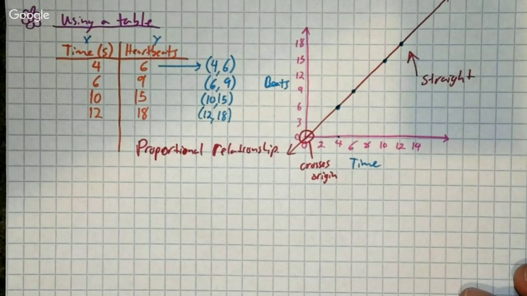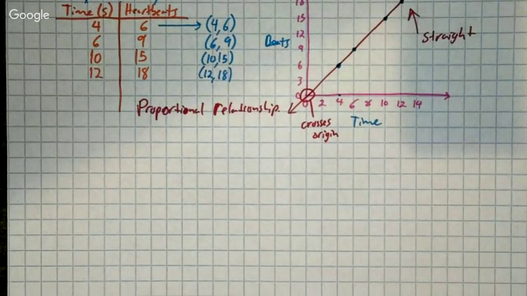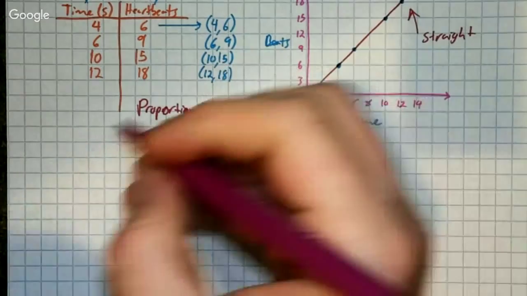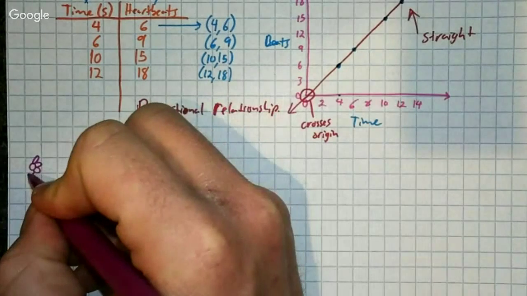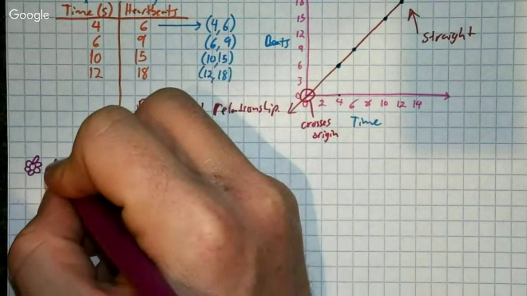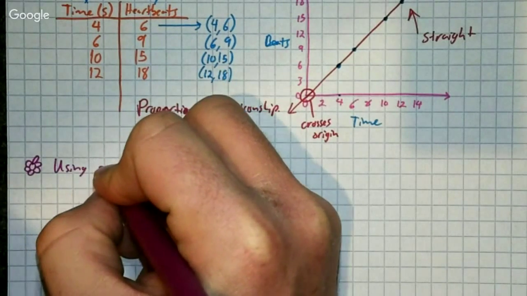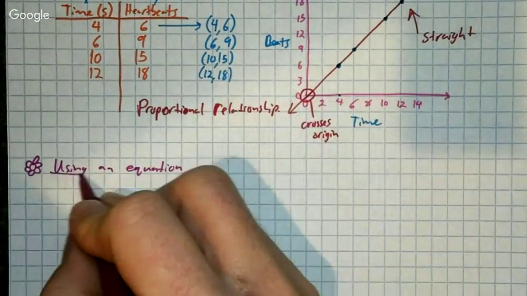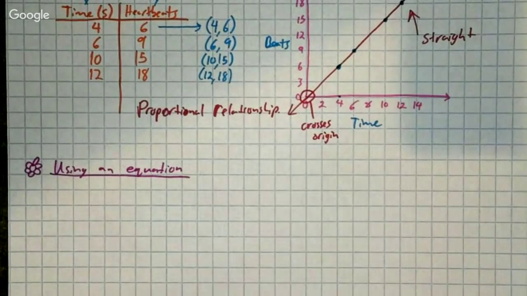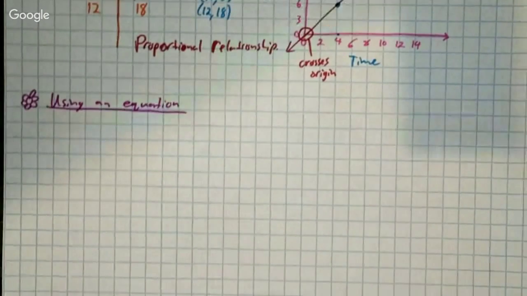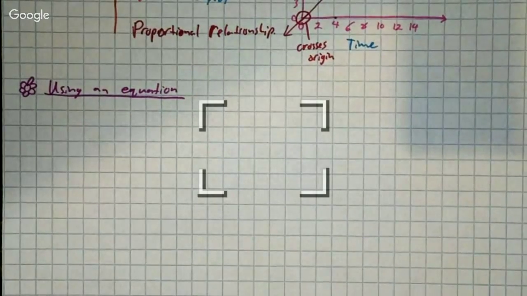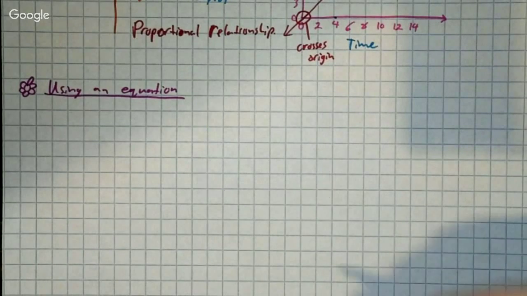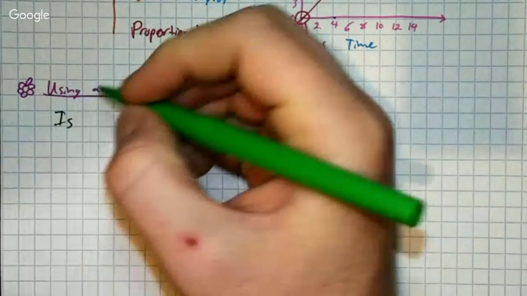Let's go ahead and get even more logical mathematical by saying, what if now we're using an equation? So we used a table. Now we're going to use an equation. I'm going to write down two different equations, two different questions.